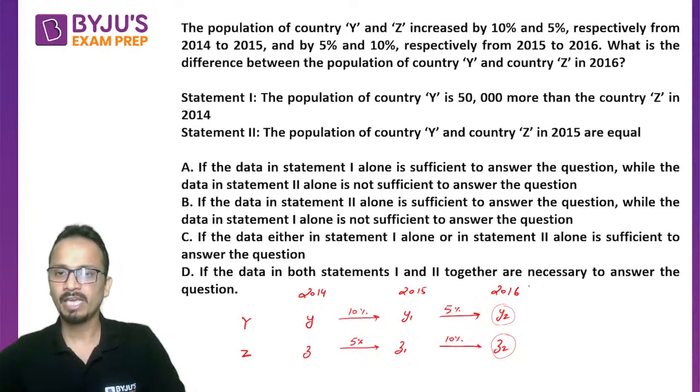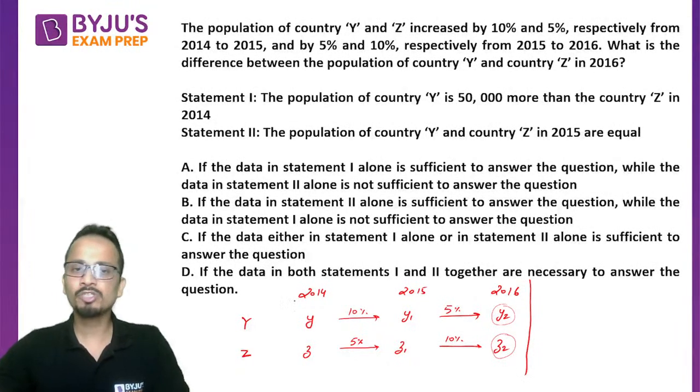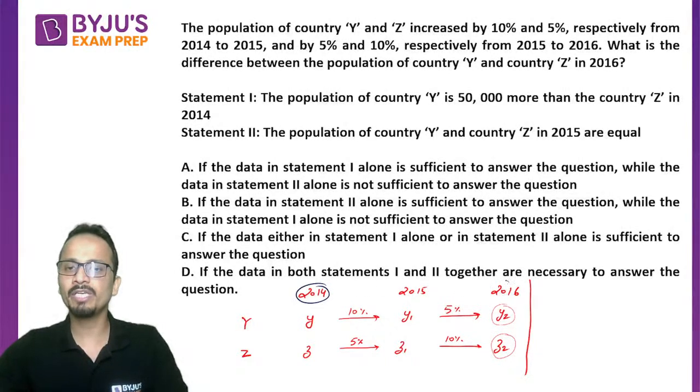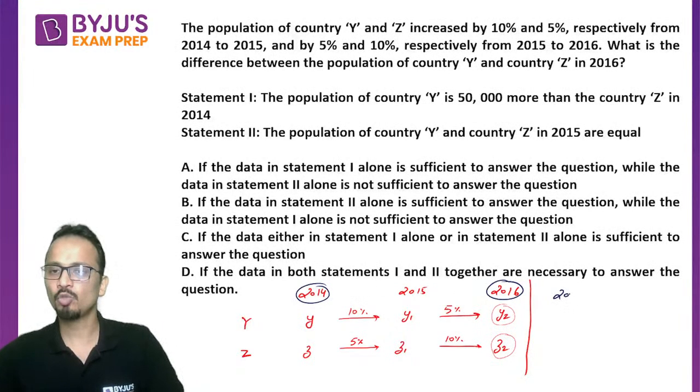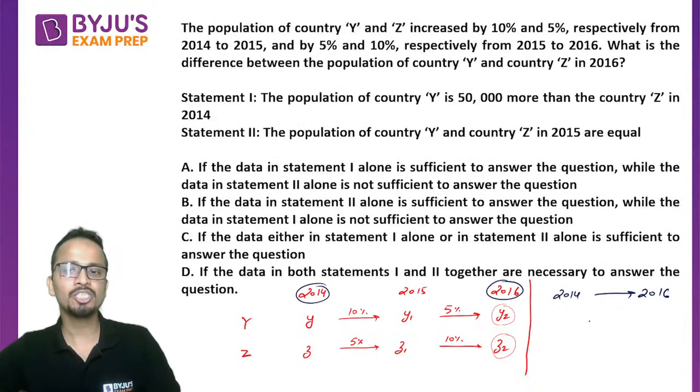But if I talk about the net percentage change from 2014 to 2016, can I say that for both Y and Z, the net percentage change from 2014 to 2016 is the same? Yes or no?